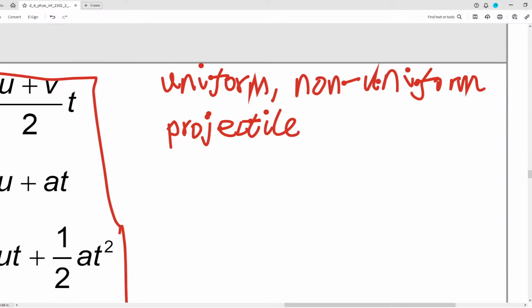And you should also know the effect of resistance and friction, specifically air resistance.